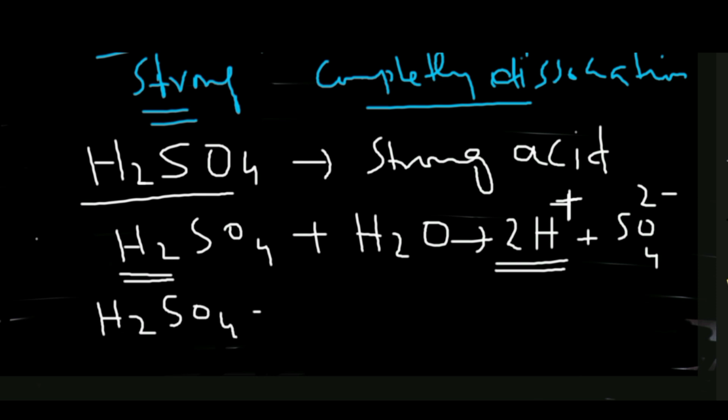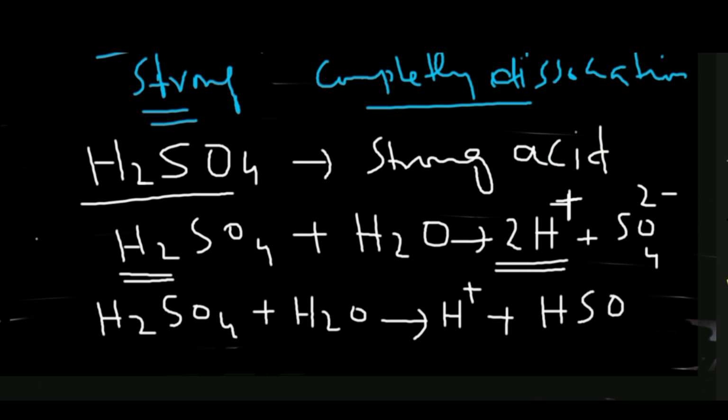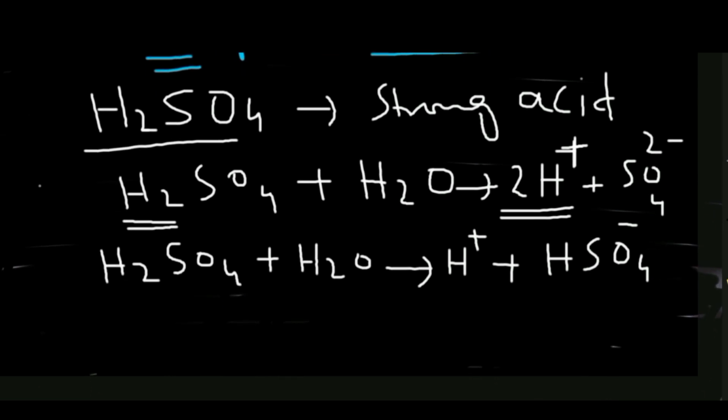In the first step, sulfuric acid is mixed in water and releases one proton, which is H plus, plus hydrogen sulfate, which has a valency of -1. This is step number 1, and this is step 2.